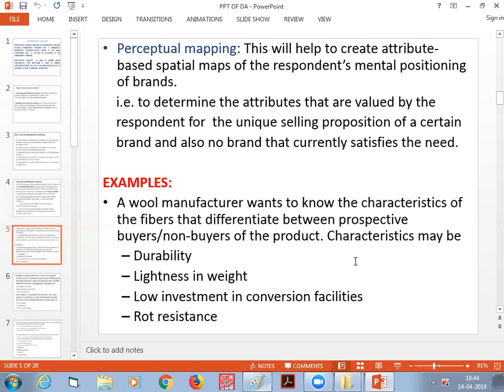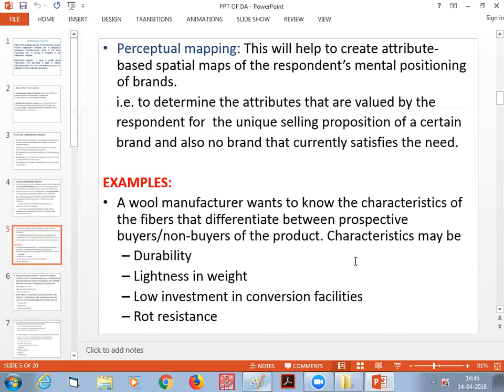So we can classify. They are giving some scores. Some people say that durability is more important for them. Some people say no, more than durability, for me lightness in the weight is more important. So different information they will provide in the form of some scale points. Okay.